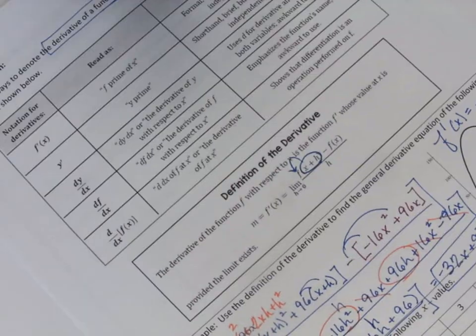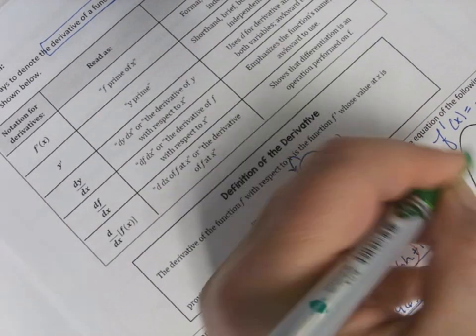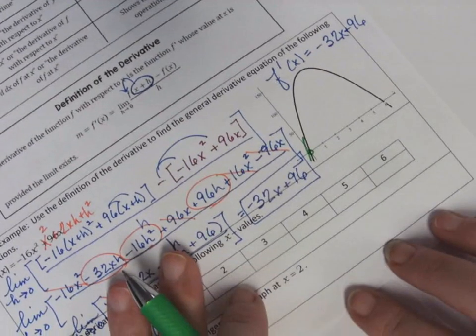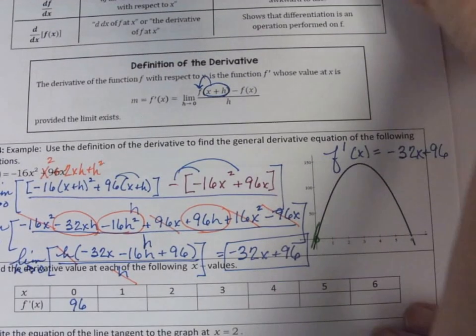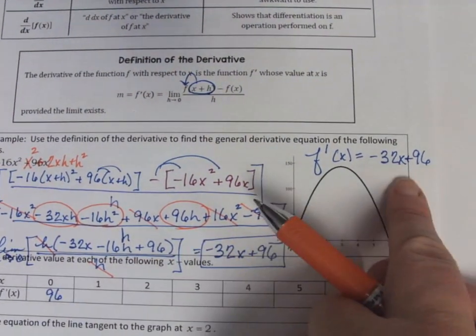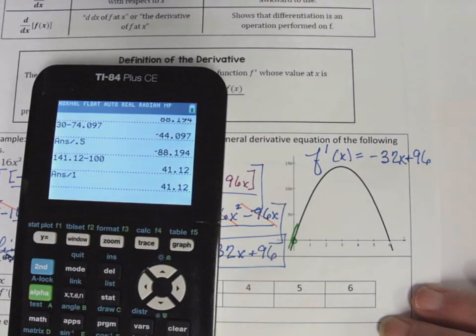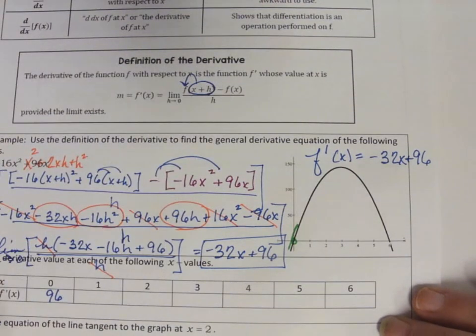So what I'm telling you is at this point 0 on the graph, this slope right here is 96, 96 over 1, okay? If I take 1 and I plug it in, and you know me, I don't do math very well. So if I do negative 32 plus 96, I get 64.